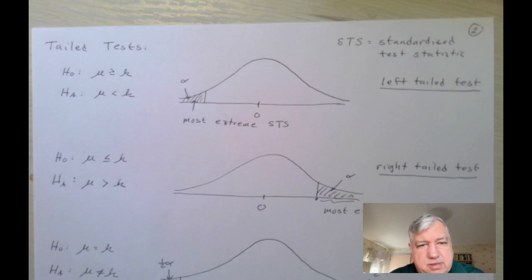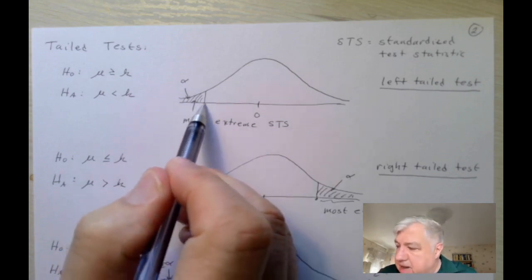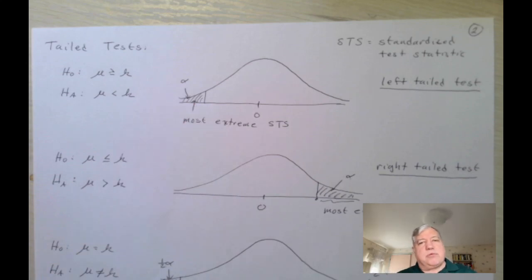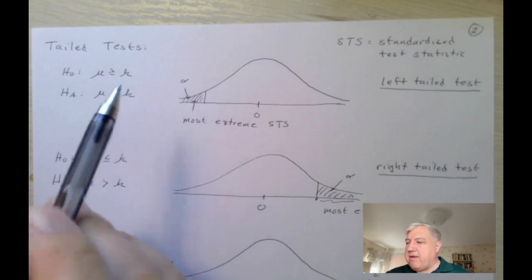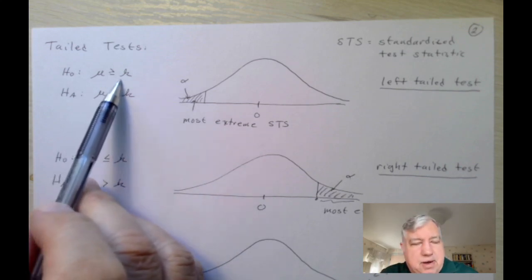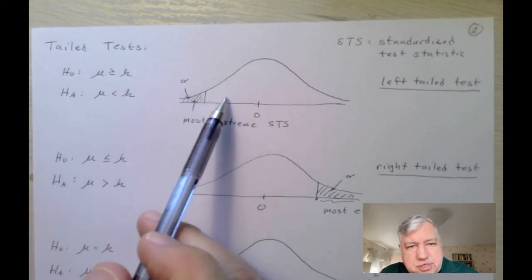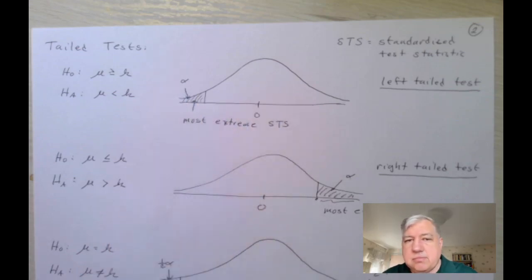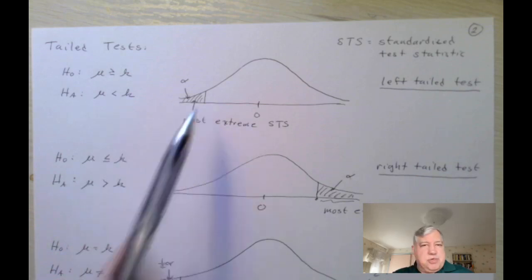If it's past this boundary on this axis, then that's going to show that something's wrong. Because if we're assuming that the null hypothesis is true, our sample statistic should be over here, but instead it's over here. So you can think of this as a rejection region.